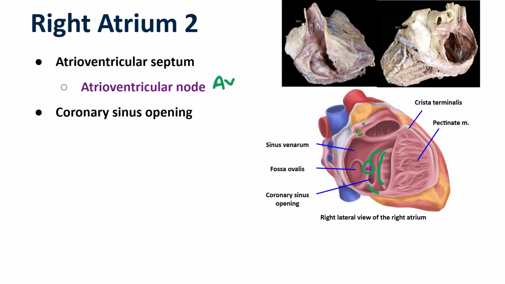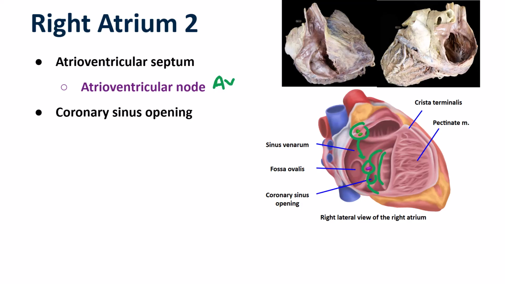So the SA node is the pacemaker region, and that is going to control the rate of depolarization of the AV node. And just adjacent to that, we have the opening for the coronary sinus.